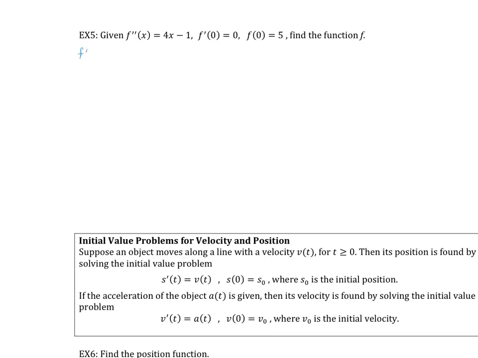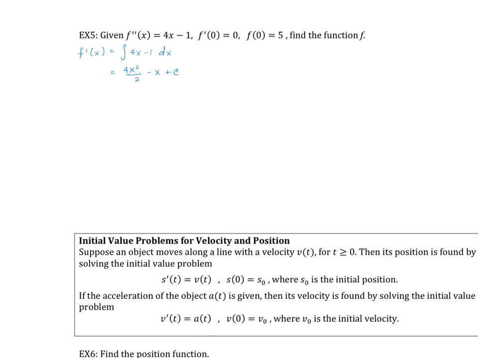So the first derivative is going to be the integral of the second derivative, which is 4x minus 1. So the antiderivative, or the integral, would be 4x squared over 2 minus x plus our constant c.